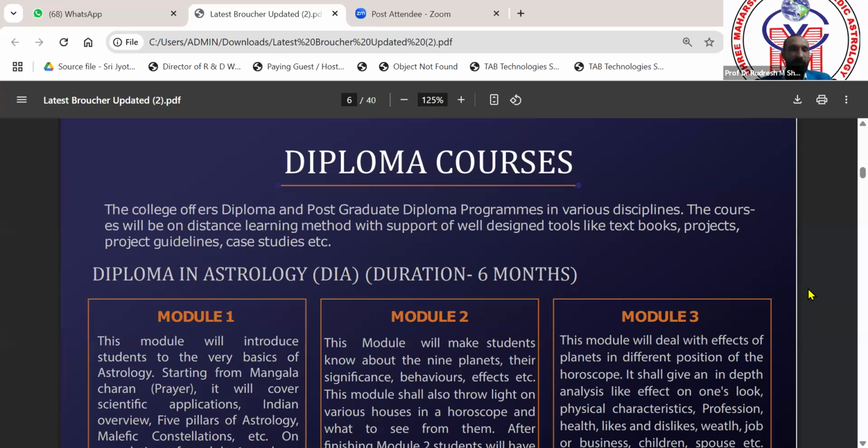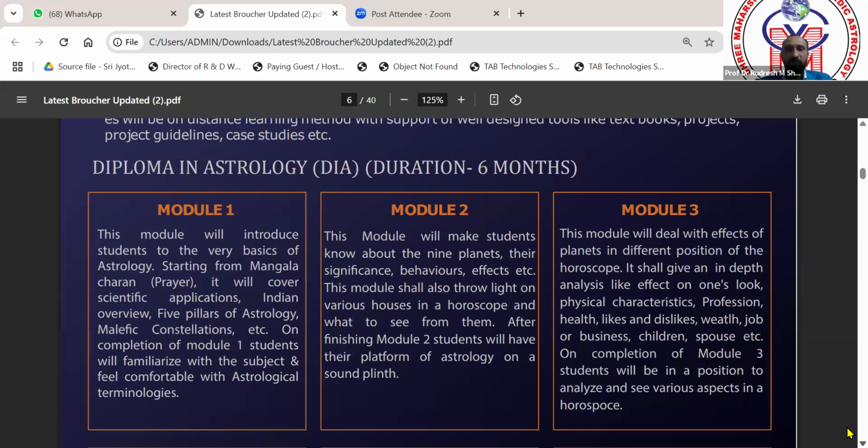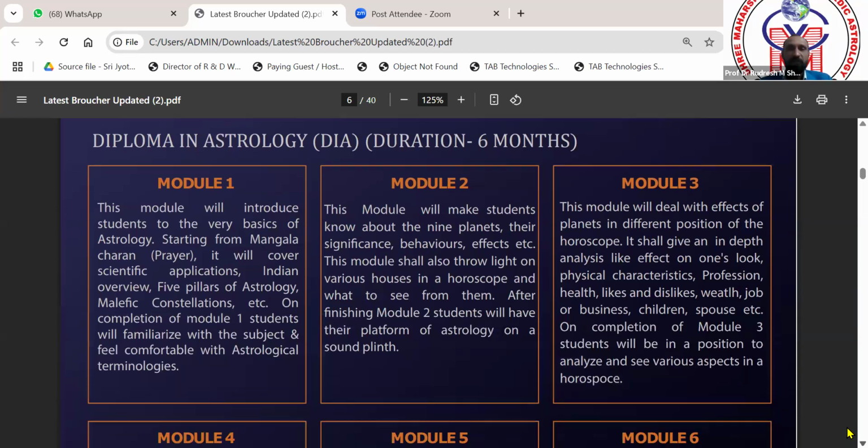So in the diploma, we are going to see 12 modules where Vedic astrology would be taught from the grassroots level. Your module one consists of the planets and their details, the malefic planets and the positive planets, and also, most importantly, we will be studying the astrological terminologies, right?